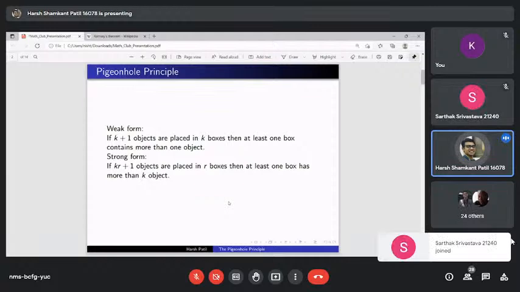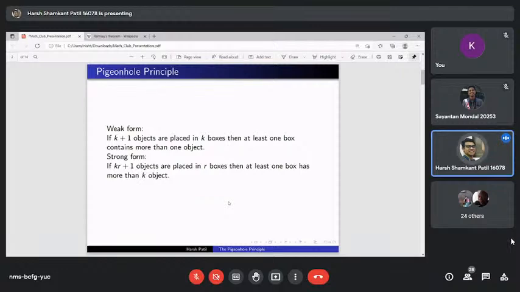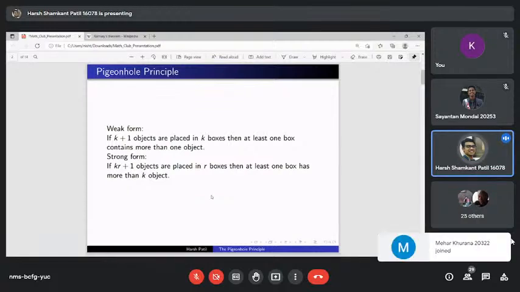Because let's say each box had k or fewer objects, then we can have at most k times r objects. That would contradict the fact that we started out with kr plus 1 objects.